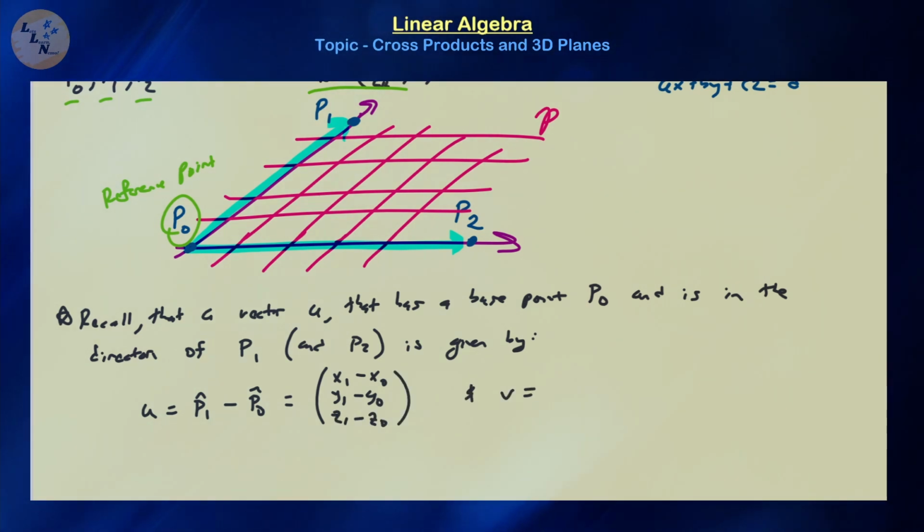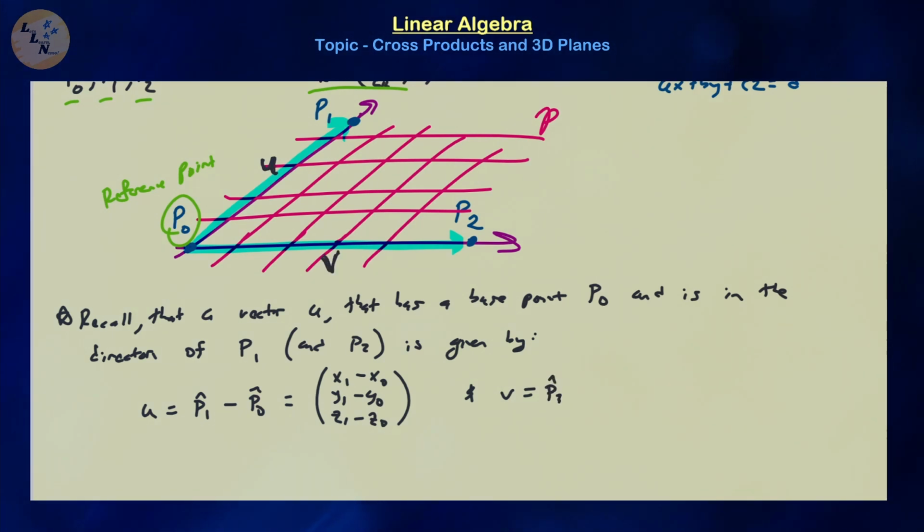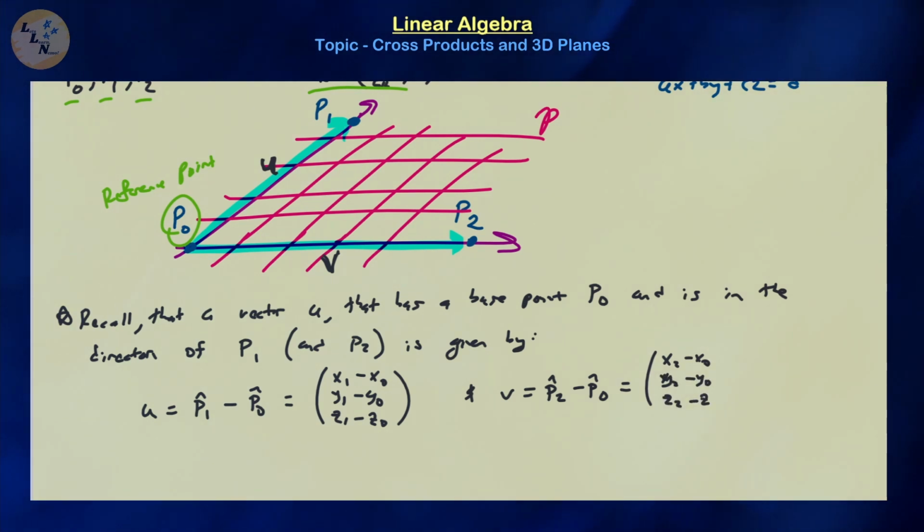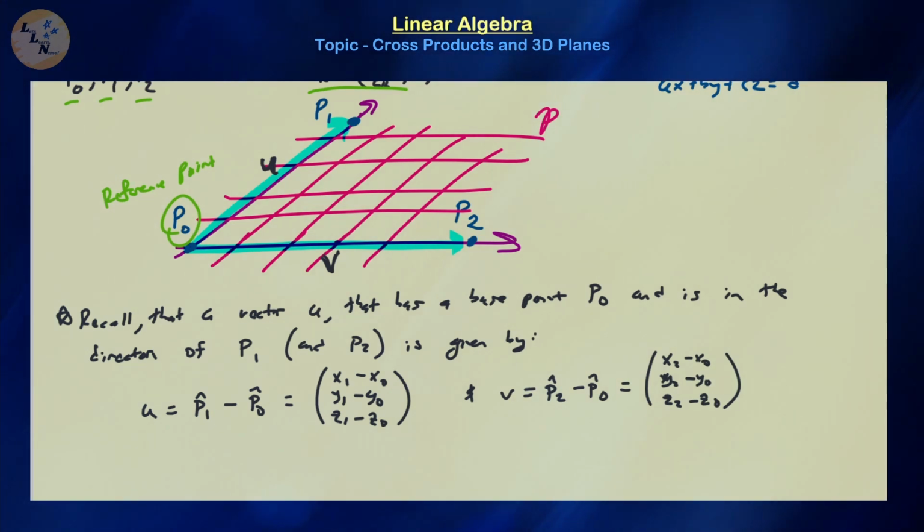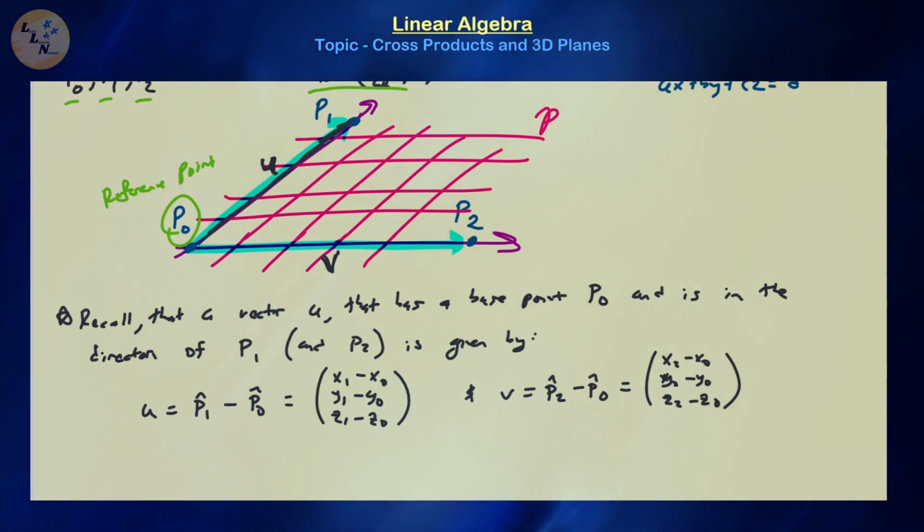And v is going to be in the direction of P2 from P0. So this vector here is going to be equal to u, and this vector here is going to be equal to v. That's going to be equal to p hat 2 minus p hat 0. So P0 still is the reference point. That's going to be x2 minus x0, y2 minus y0, and z2 minus z0. Okay, so those are the vectorized versions that characterize the plane that we're working with.